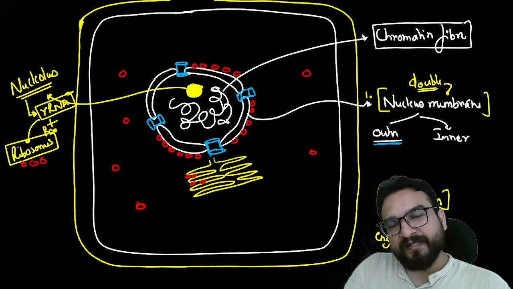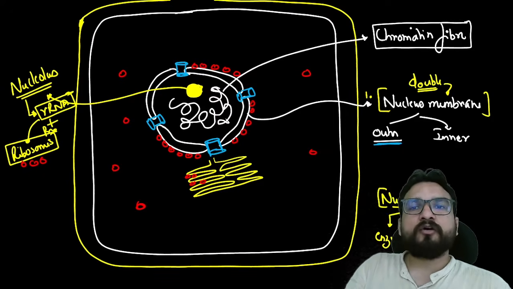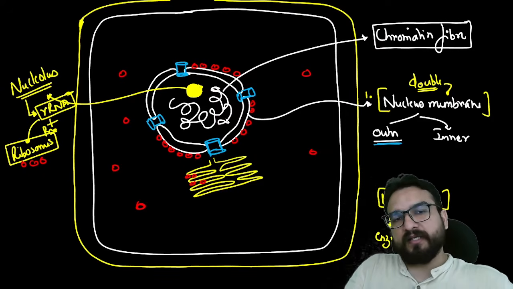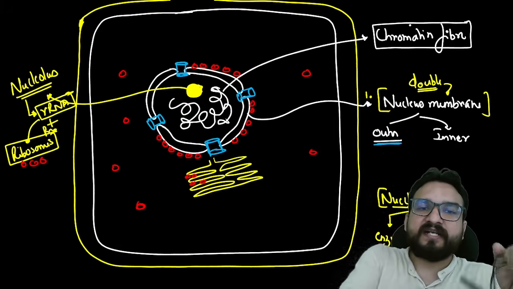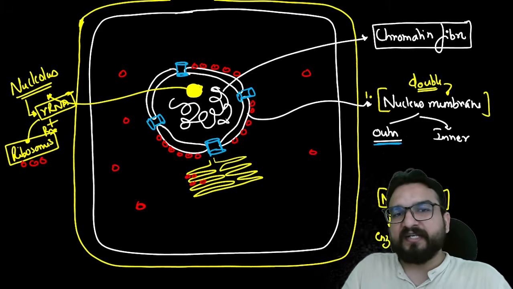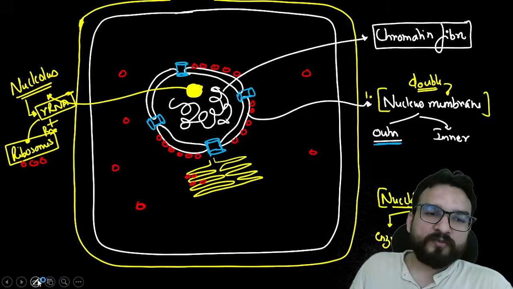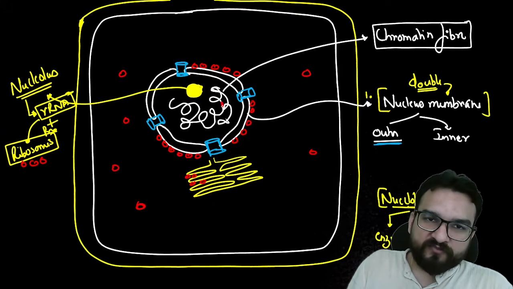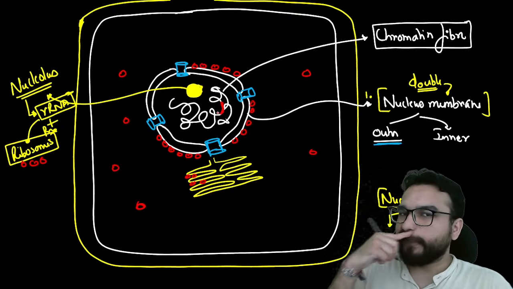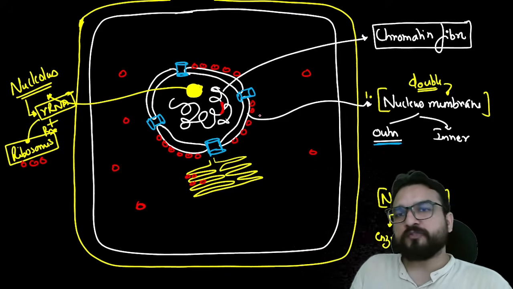Not chromatin, not chromosome right now, but chromatin fiber. Okay, and it is spread like this inside this nucleus. Where is DNA? DNA is present in this chromatin fiber only. In this fiber only it will be having DNA, nothing else. Right, and that we have to explore.